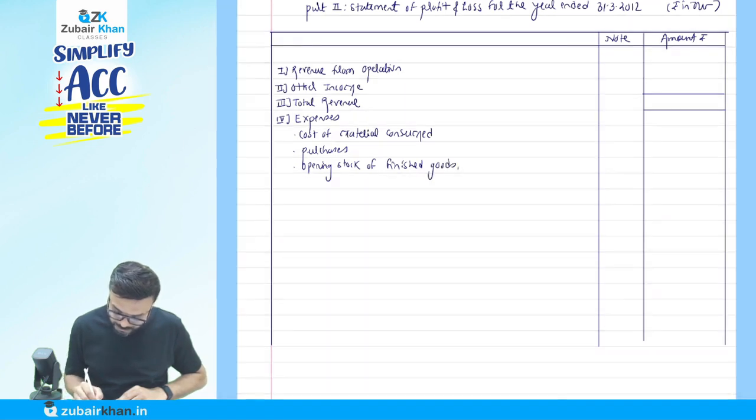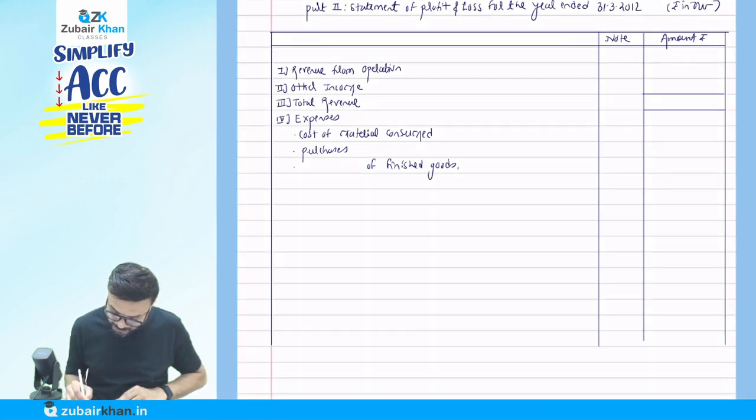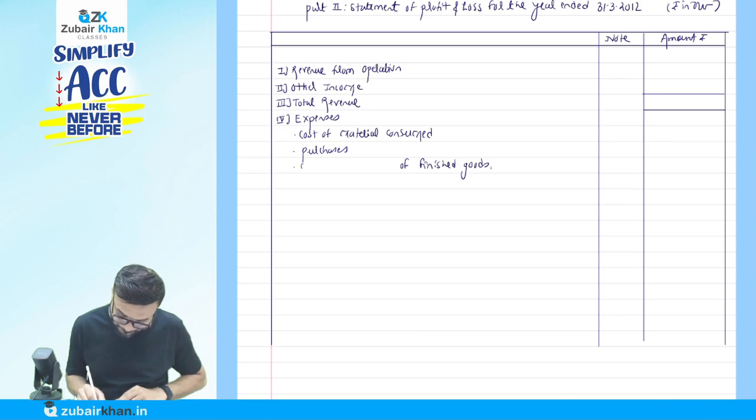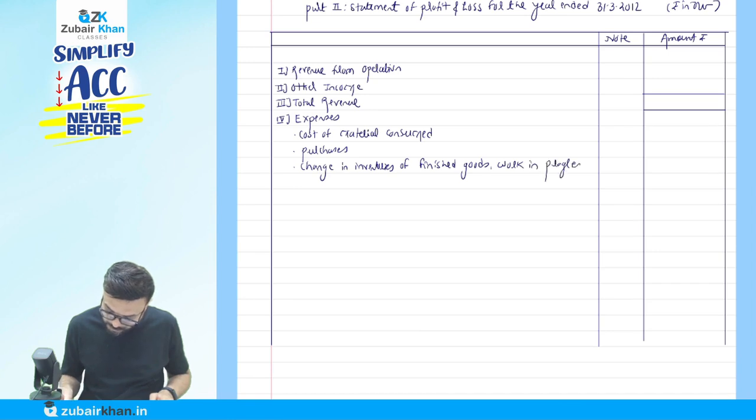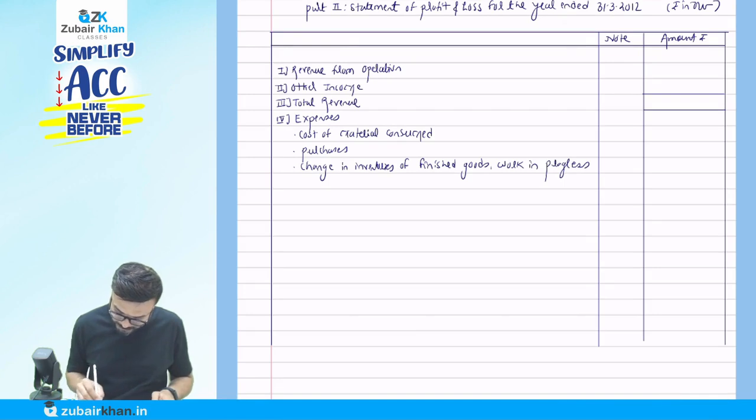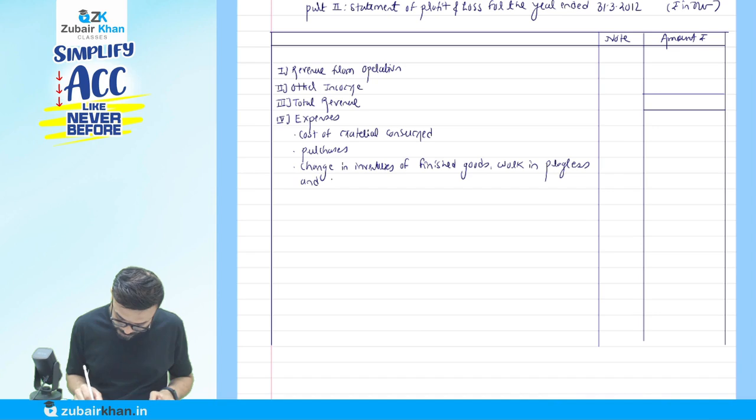or no, don't do just one thing. Change in inventory, not opening stock. Change in inventories of finished goods, work in progress, okay, and stock in trade, okay.